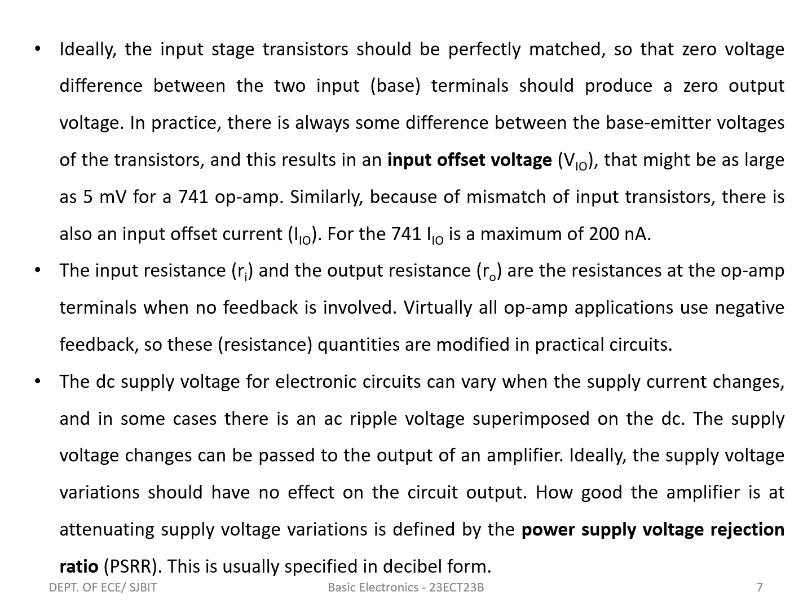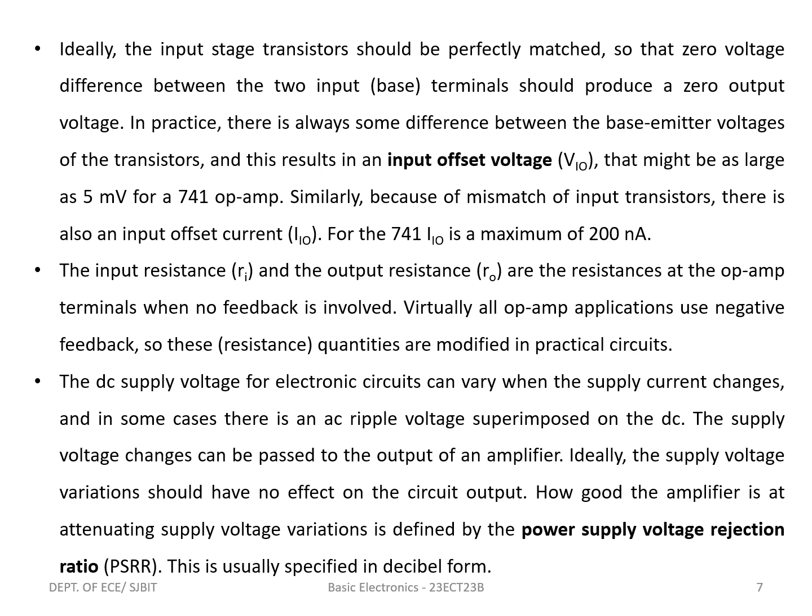The input resistance and the output resistance are the resistances at the op-amp terminals when no feedback is involved. Virtually all op-amp applications use negative feedback, so these quantities are modified in practical circuits. The DC supply voltage for electronic circuits can vary with supply current changes, and in some cases there is an AC ripple voltage superimposed on the DC.